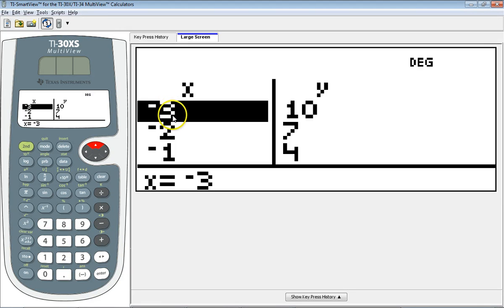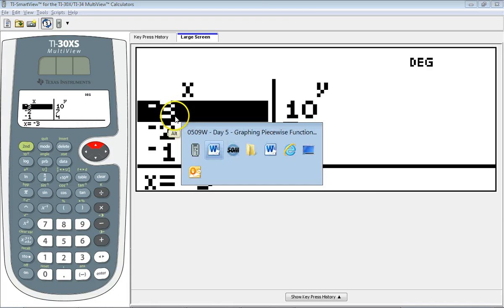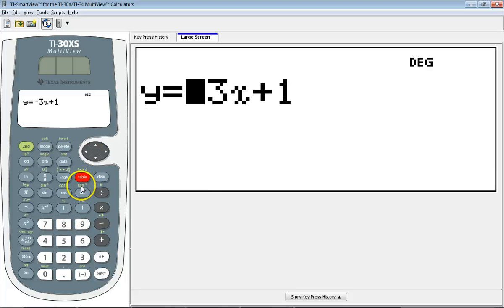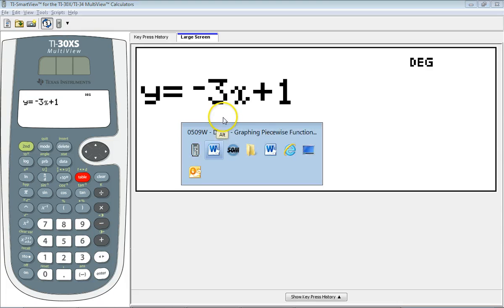Okay. So do you have this equation in your calculator? Hit your table button. Negative 3x plus 1? I was going the wrong way.